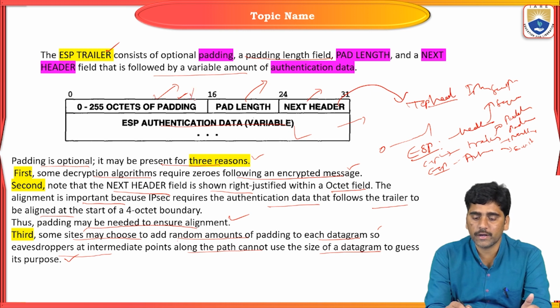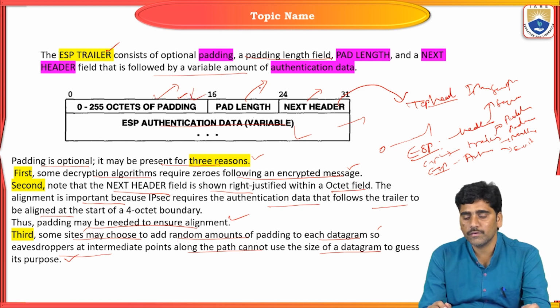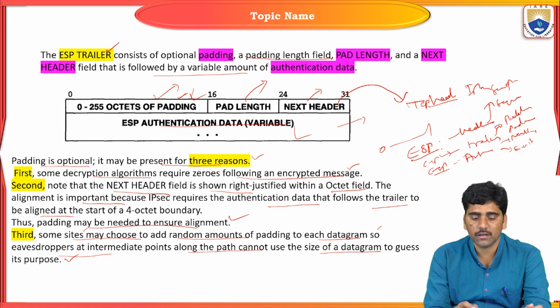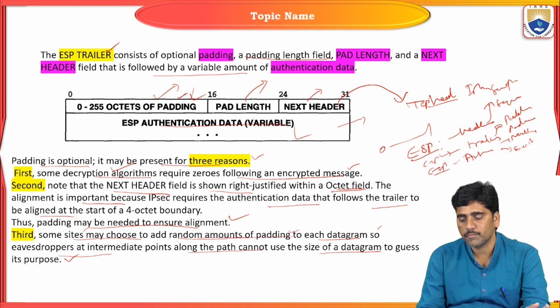The fields are the padding field, pad length field, next header field, and ESP authentication data field. These fields are presented for the decryption algorithms followed with the encrypted message, and justified with the octet field, choosing random amounts of padding for each datagram.